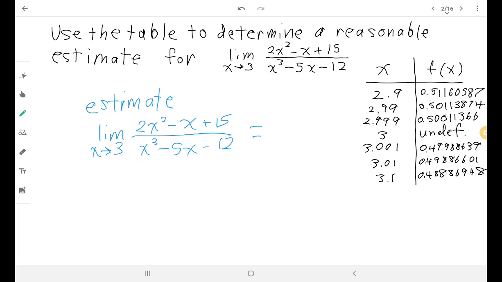It's a little redundant to say that a limit is approximately. A limit is already equal to and approximately almost at the same time. So, but let's just say that our estimate is that this limit equals 0.5. All right, I'll give you a moment to look at that. And let's move on to our next problem.